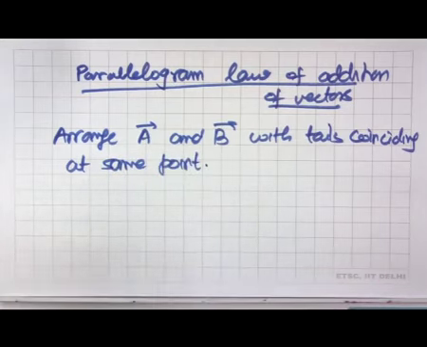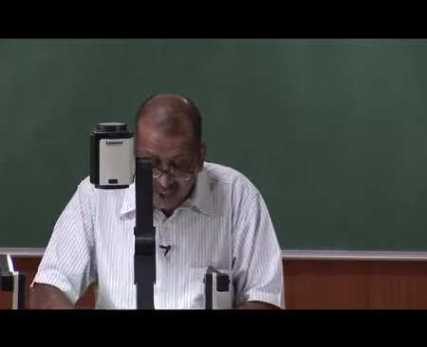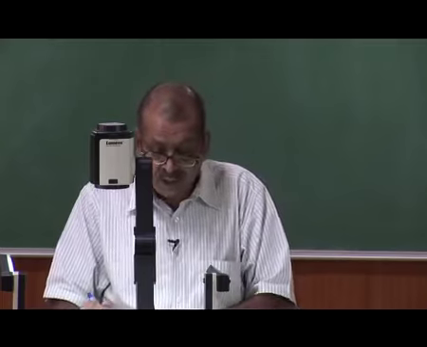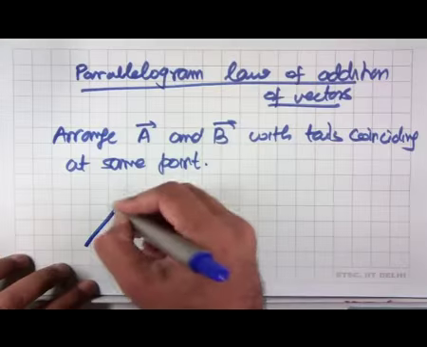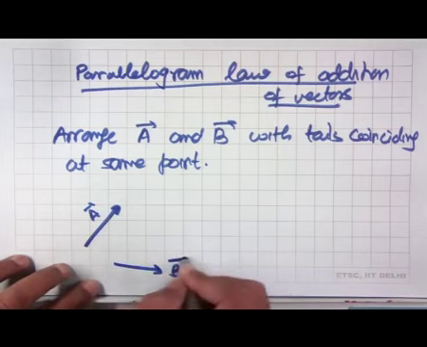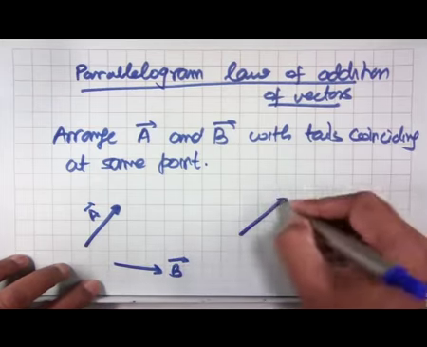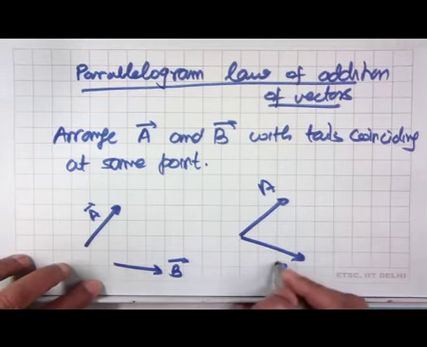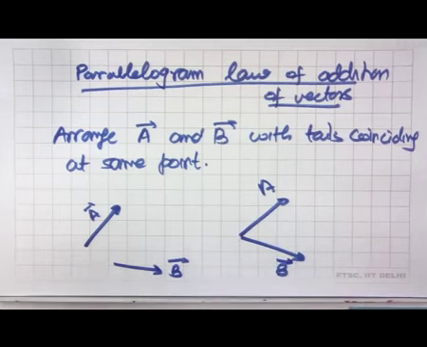Earlier, if you remember, we first placed A, and at the head of A we placed the vector B with its tail coinciding at the head. Now, here I have a vector A, I want to add this to vector B. So, I will place vector A and vector B with the tails at the same point.